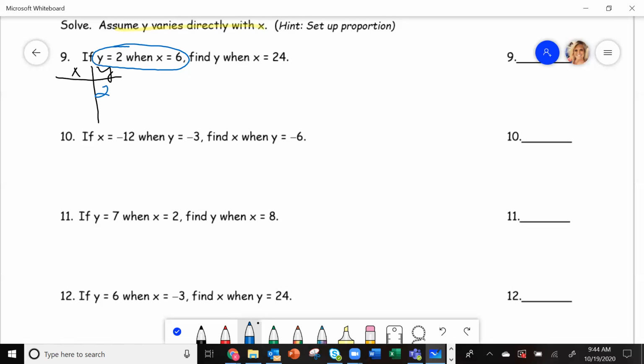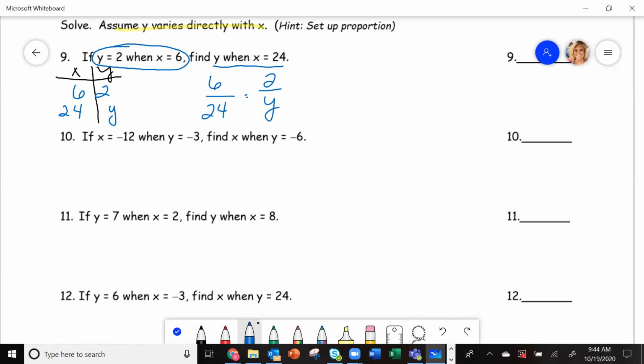And then it says find y when x is 24. So x is 24, and we need to find y. To set this up, I'm going to have 6 over 24 equals 2 over y.